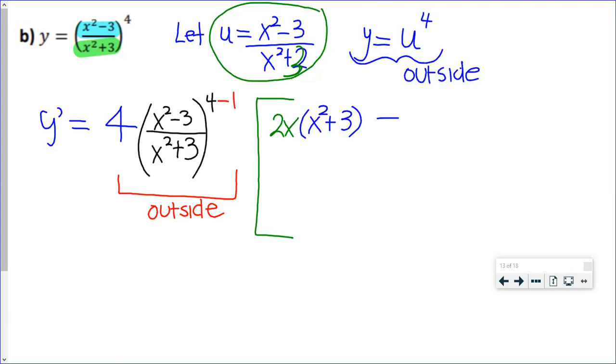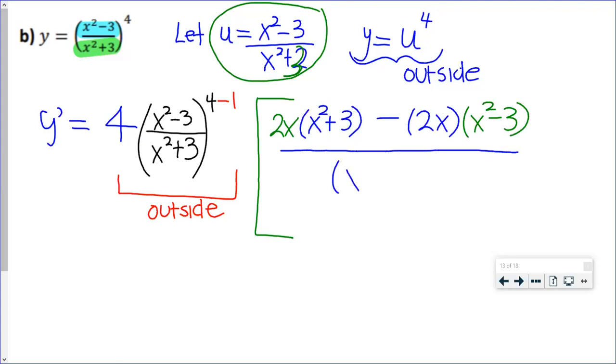So that's the derivative of the bottom, which is 2x, multiplied by the original function on top, x squared minus 3, all over the bottom squared. I have to remember to close off my bracket.